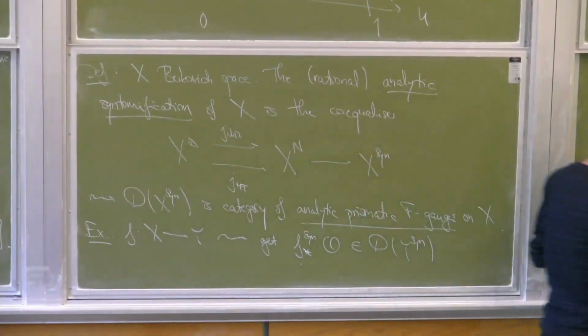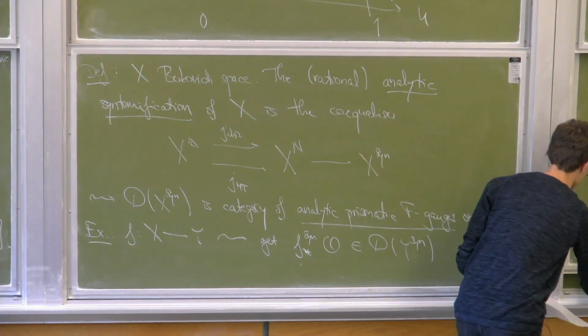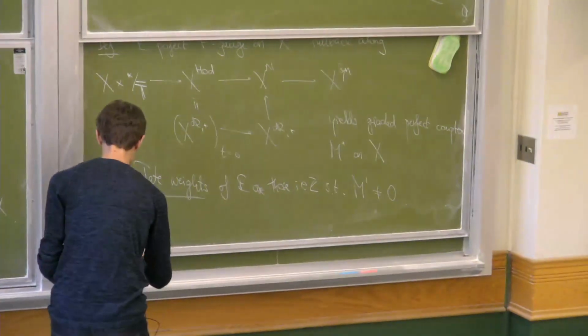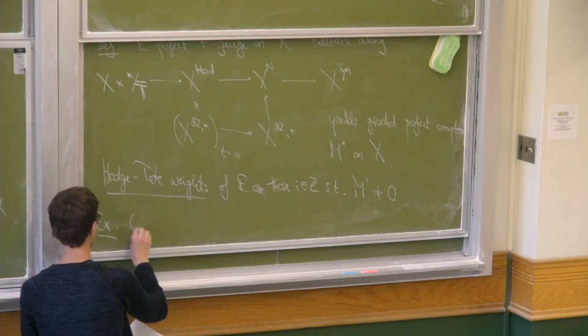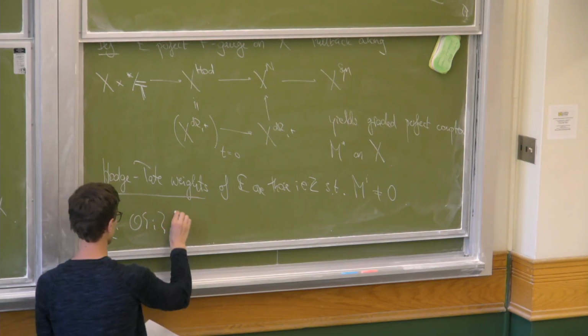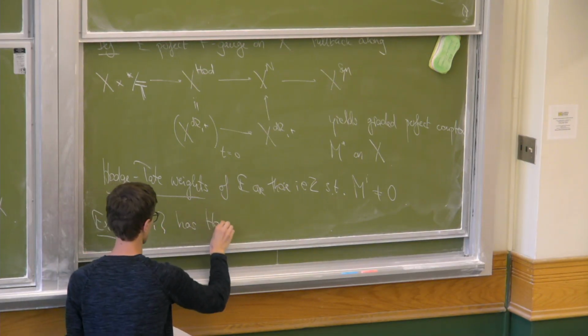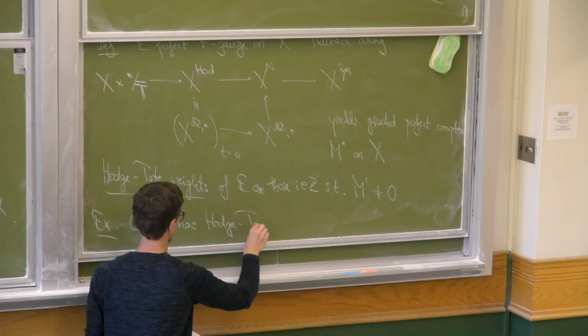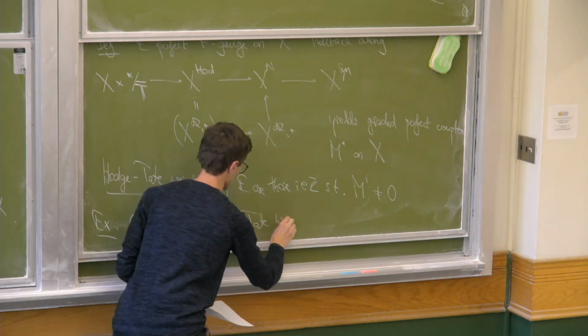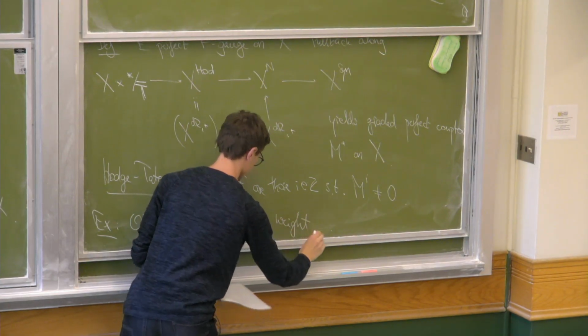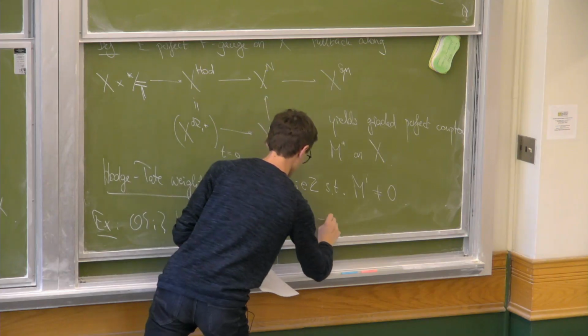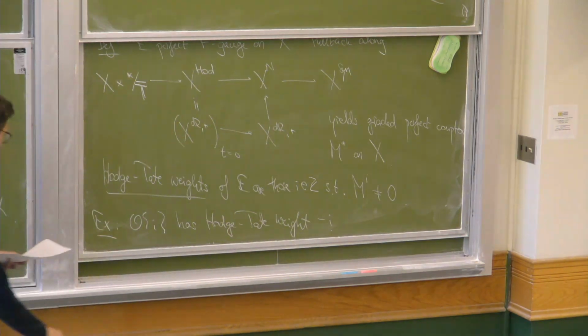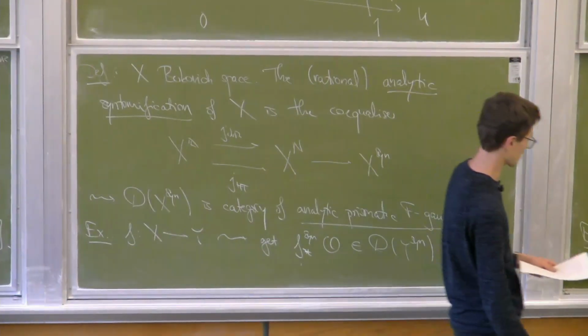Okay. And maybe I can fit my example down here. The ith Breuil-Kisin twist has Hodge-Tate weight, well, it depends on your normalization, whether there's a minus sign or not. Maybe I want a minus sign, then it's minus i.